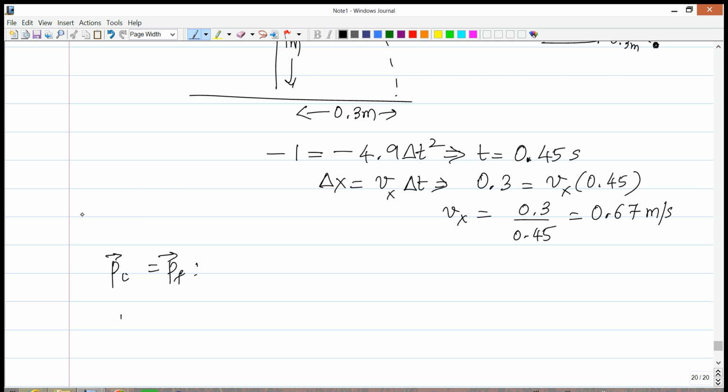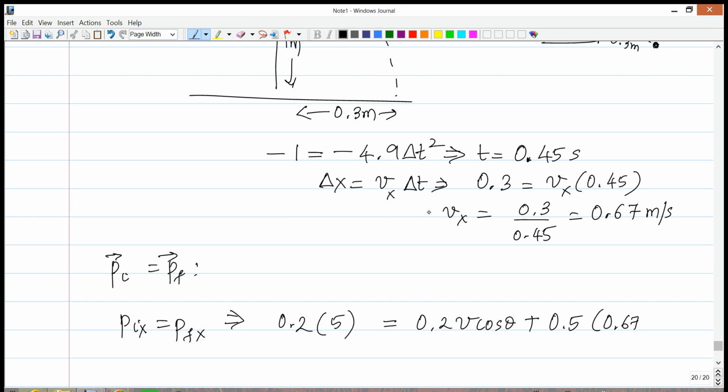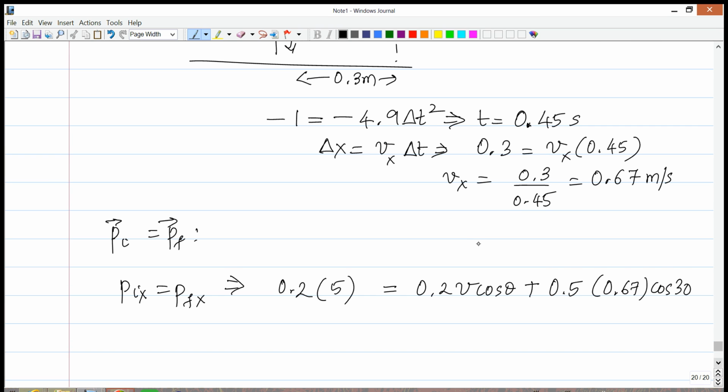If I use pix equals pfx, just like the previous problem, in the beginning only the 0.2 kg block is moving, so it has a momentum of 0.2 times 5, and at the end they are both moving, so I have 0.2 v cosine theta, which is the x component of the momentum, plus 0.5 times 0.67 times cosine of 30.